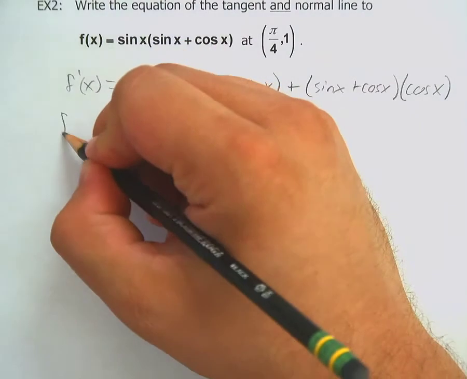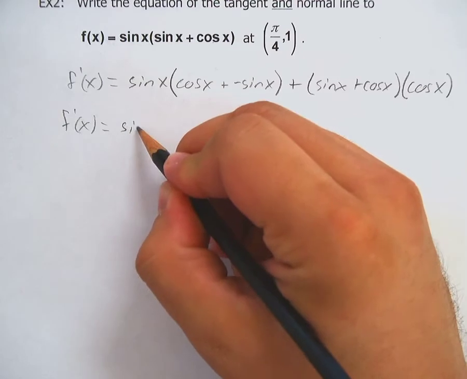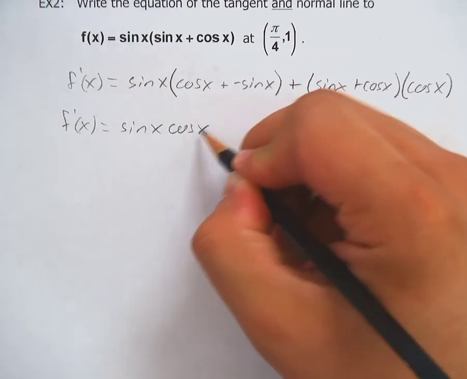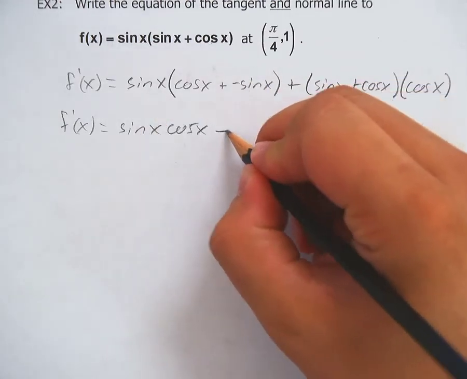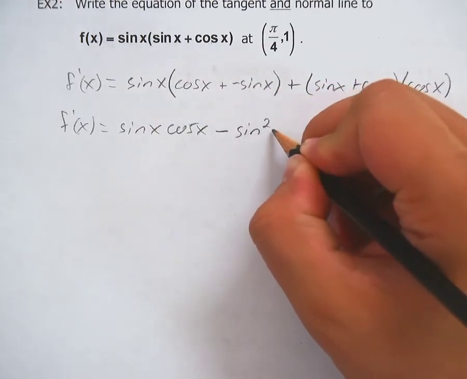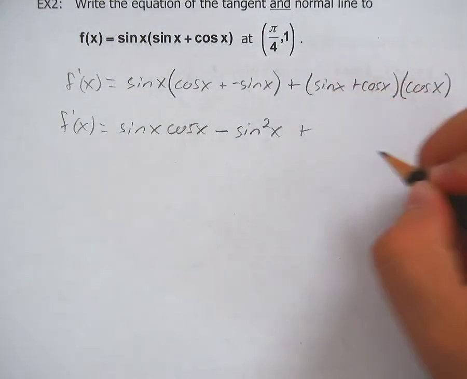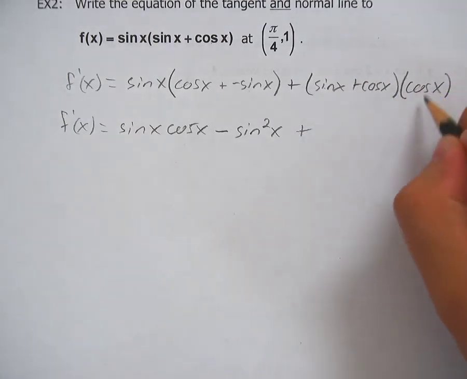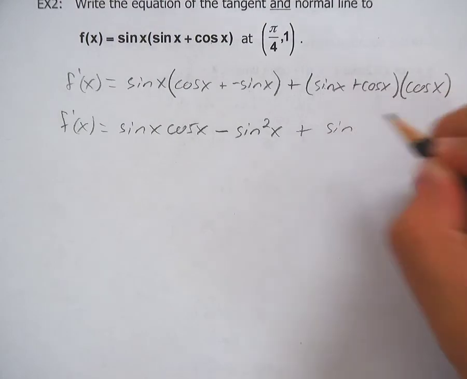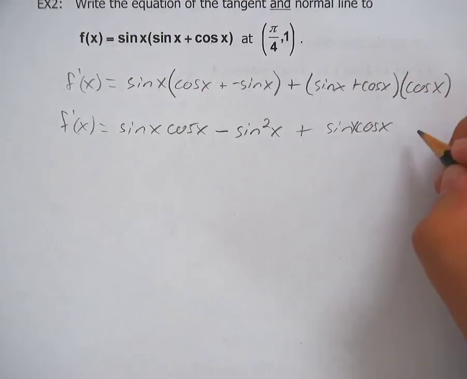Okay, let's simplify. F prime of x, distribute, and you have sine x cosine x. This is negative sine, so a sine times a negative sine is going to be negative sine squared x, plus sine x and cosine x, times cosine would be sine cosine, sine x cosine x, plus cosine squared x.